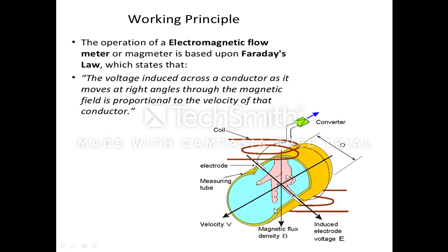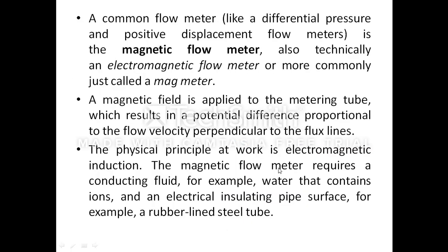Whenever you move a conductor in a magnetic field, EMF is generated, and this EMF is directly proportional to the velocity of the fluid. So just by probing the induced EMF, you can assess the velocity of the fluid.